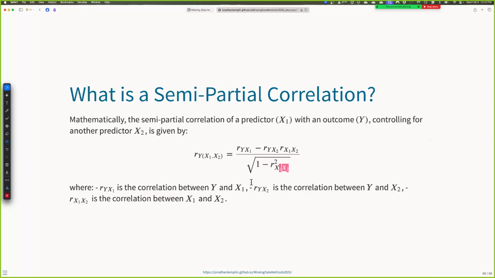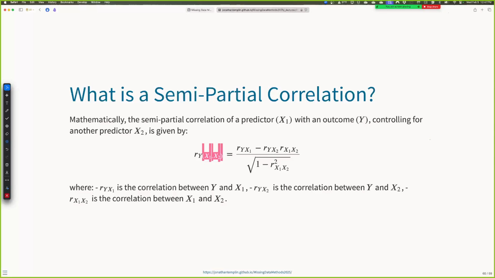So this is your formula. Sometimes it's denoted as r with y(x1). You read this as the semi-partial correlation of y and x1, where we're controlling for x2 on x1 only, right there in the parentheses.